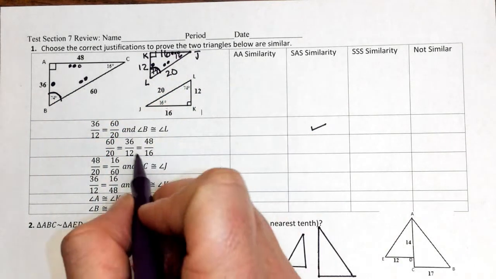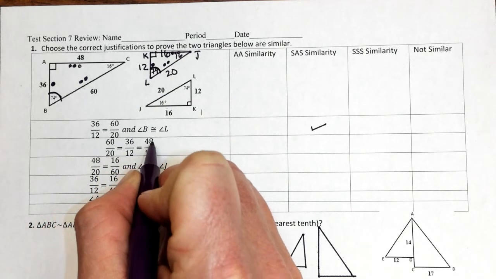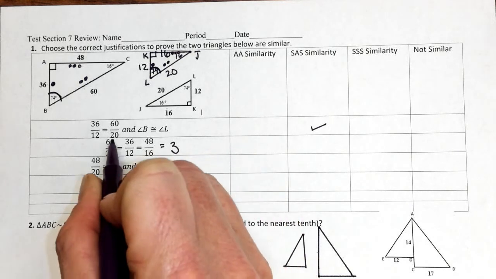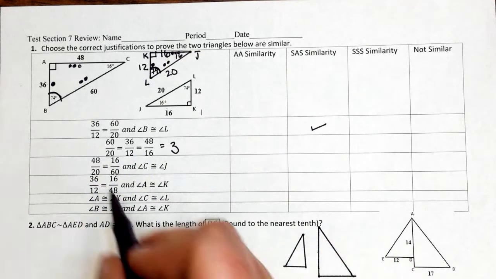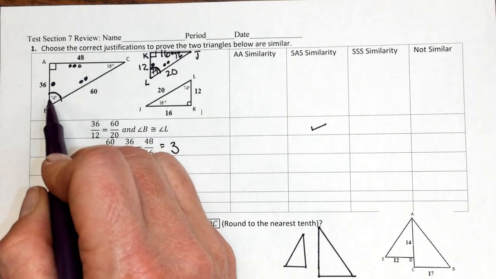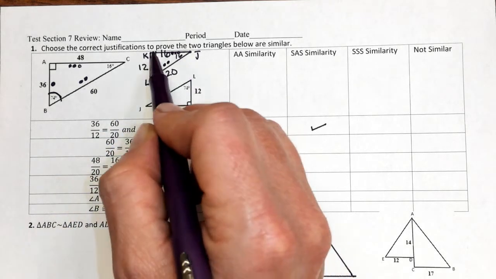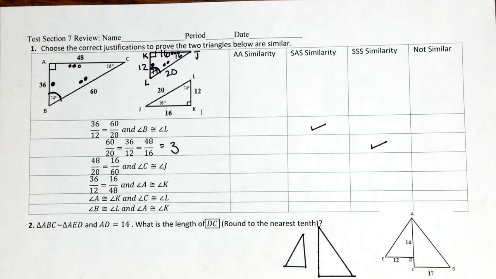So 60 divided by 20, 36 divided by 12, and 48 divided by 16 are all equal to 3. Because all these proportions are equal, we have side, side, side corresponding to side, side, side. So that would be the side, side, side similarity criterion.